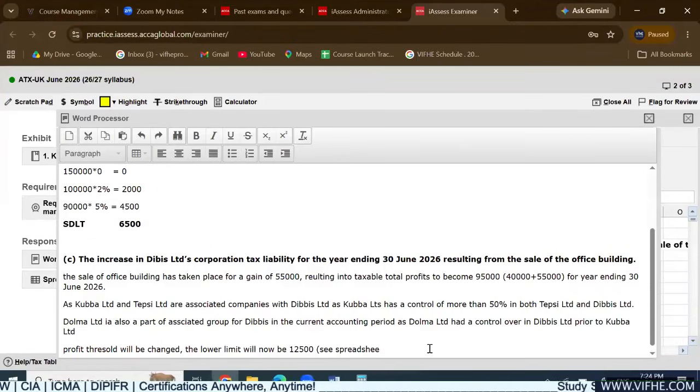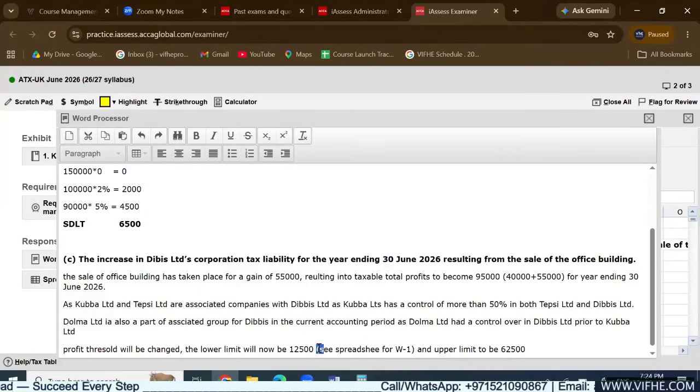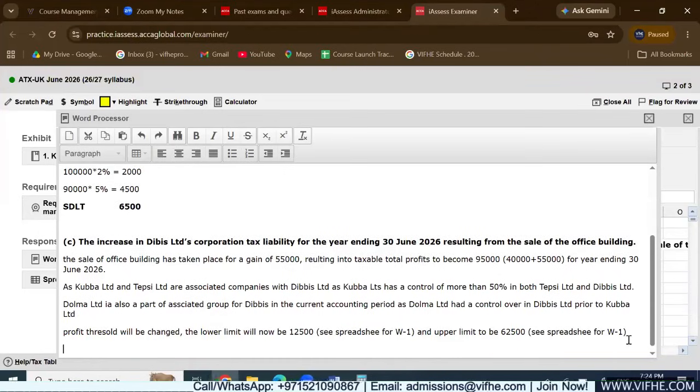See spreadsheet for working one, and upper limit to be 62,500 pounds, and I'm just going to copy and paste the same information alongside this, right?